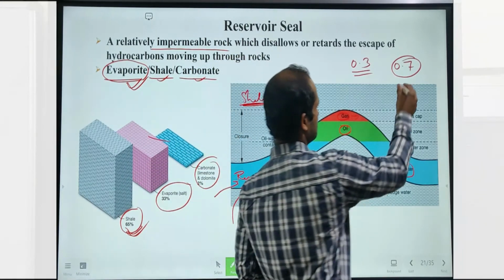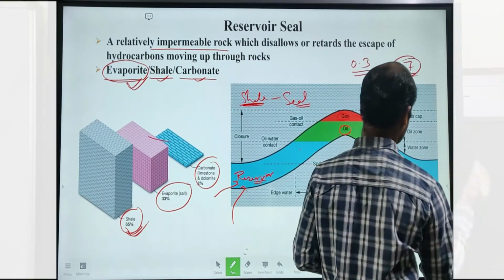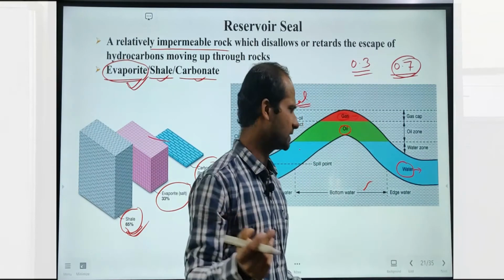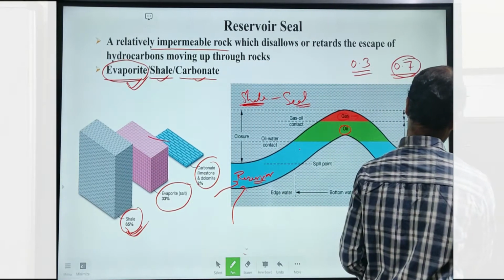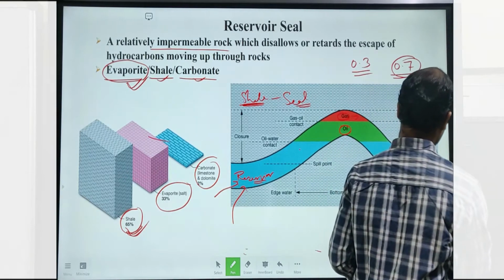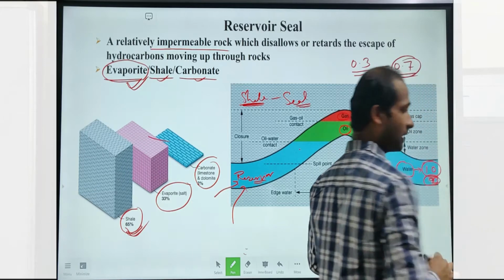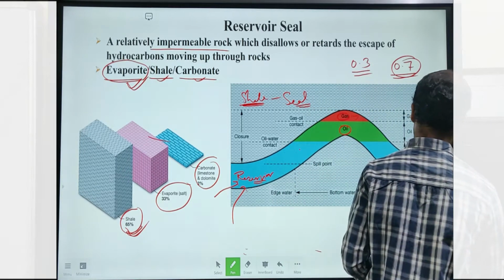Whereas for water, as you must have studied in your schooling, we usually take it as 1, but in general it is 0.93 for fresh water, and for marine water it is more than 1.07 or something.